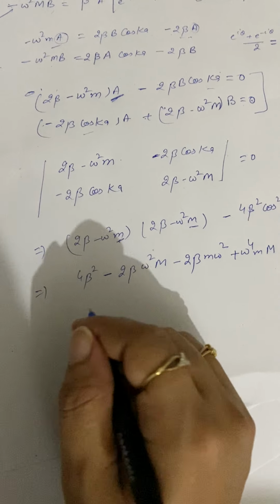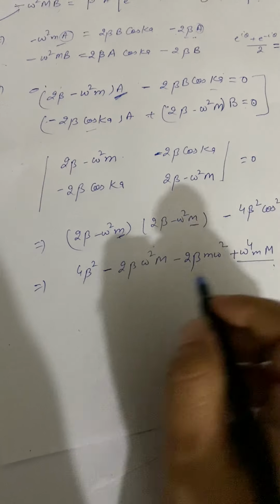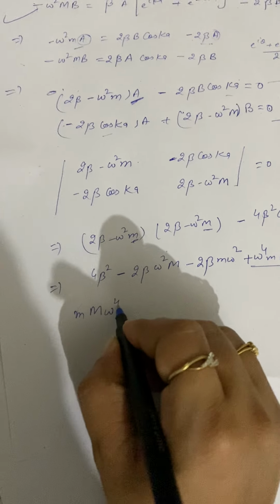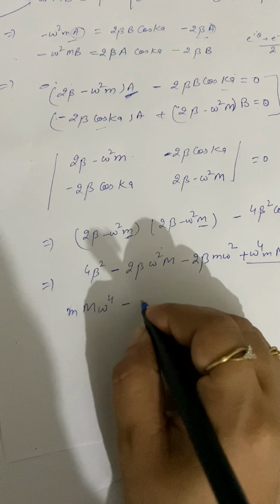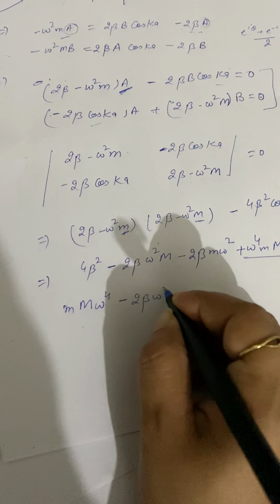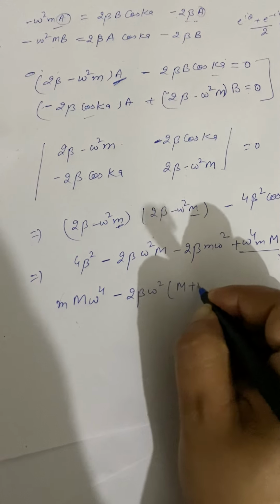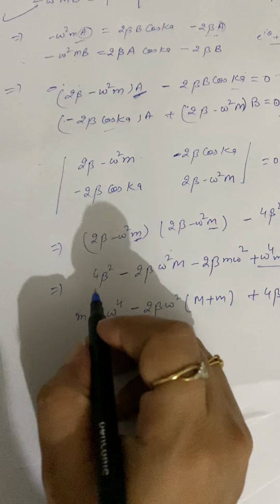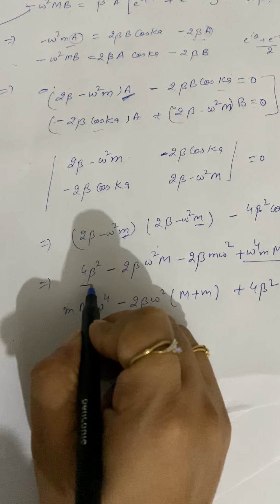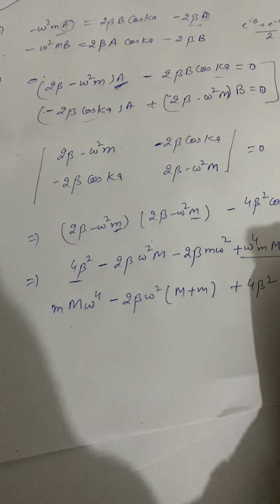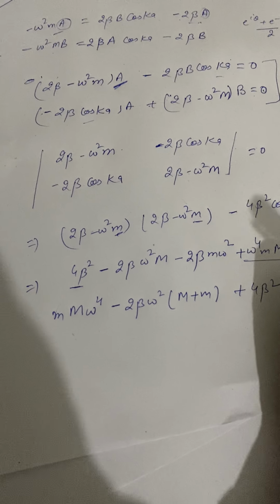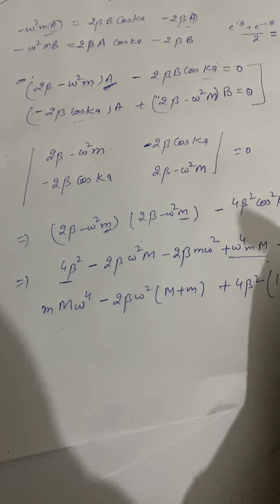So it is m M omega raised to power 4 minus twice of beta omega square (m plus M) plus 4 beta square. See here it is 4 beta square and here it is 4 beta square. So by taking common 4 beta square, 1 minus cos square ka is equal to 0.